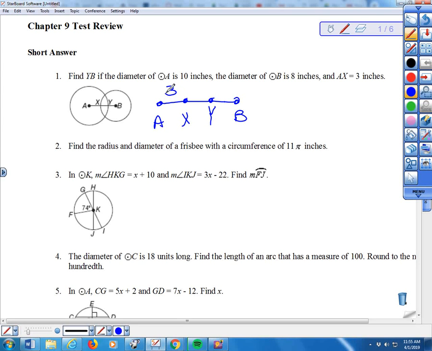The diameter of circle A is 10. Well, circle A goes from A to Y, right? So AY is 10, which means this piece has to be 7. And the diameter of B is 8 inches, and that goes from B to X. So B to X is 8, so that means this piece is 1.